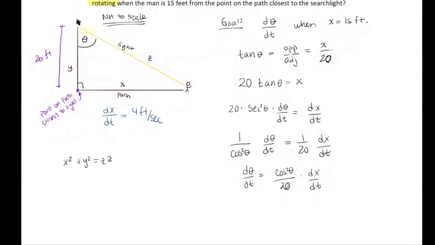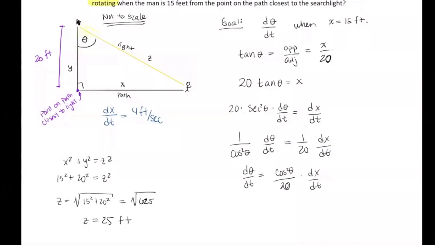So not to scale. So x here is 15. So we have 15 squared plus 20 squared equals z squared. With some algebra, we get z equals the square root of 15 squared plus 20 squared. So z equals the square root of 625, which is just z equals 25 feet.